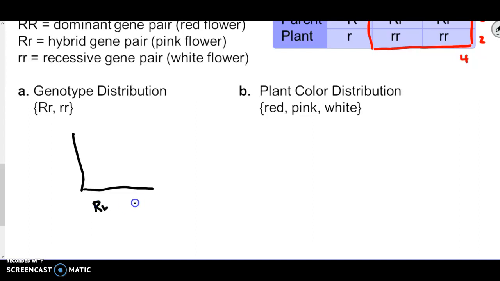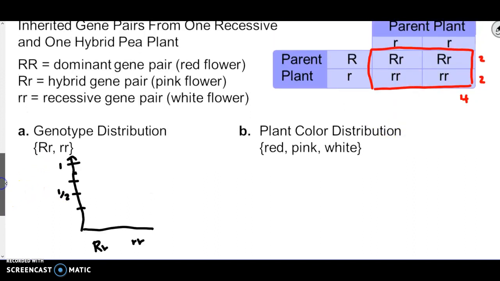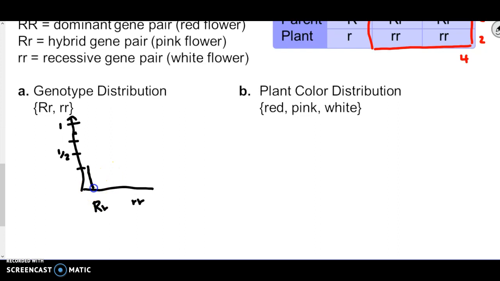We have 1, 2, 3, 4. I'm going to go ahead and separate this into 1/4. Okay, so for capital R, lowercase r, we have 2 out of 4, which then makes that 1/2. And then for the little r's, we have 2 out of 4, which is again 1/2.